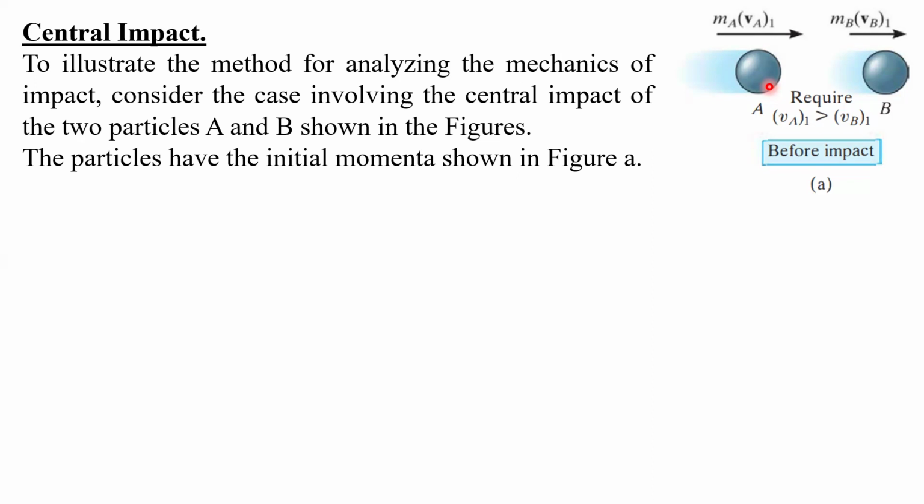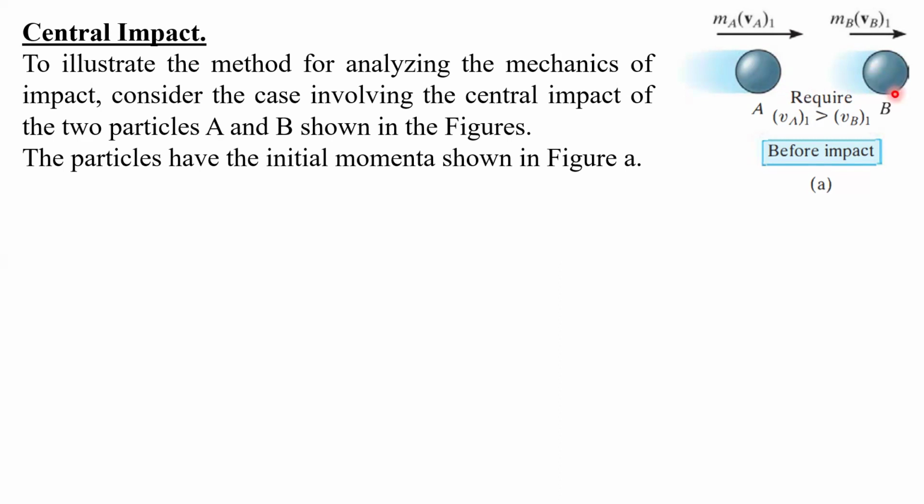Momentum is just mass times velocity. Object A is moving with velocity vA, and object B is moving with velocity vB. And object A has a higher velocity than object B. So eventually, object A will overtake object B and collide with object B.